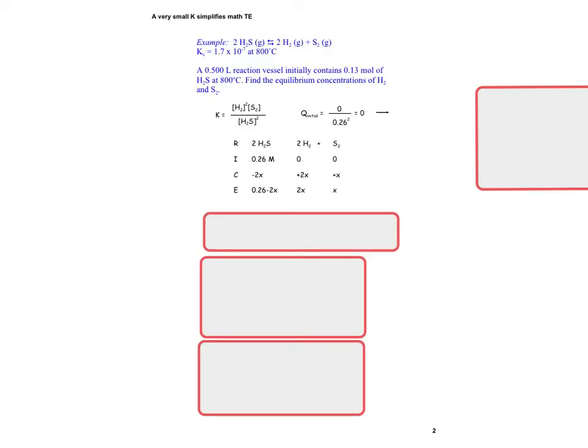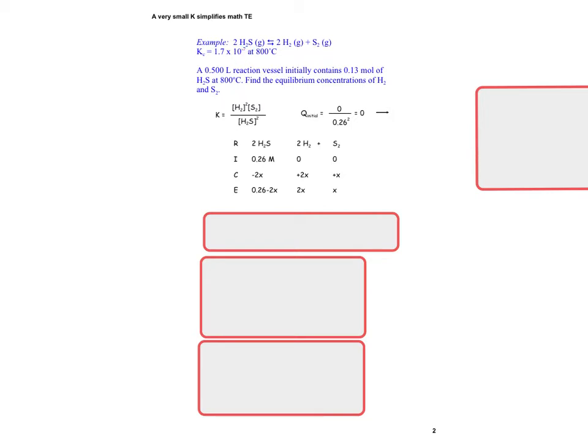So let's take a look at a problem that has a very small k. We have a half-liter reaction vessel with 0.13 moles of hydrogen sulfide, that's our reactant, at this temperature. We want to know the equilibrium concentrations. So I can write my equilibrium expression, H2 squared times S2 over H2S squared.